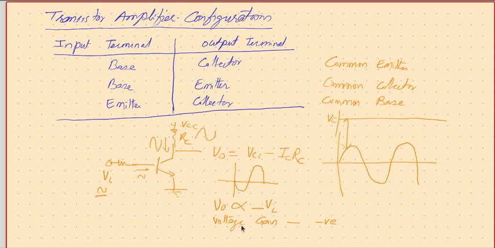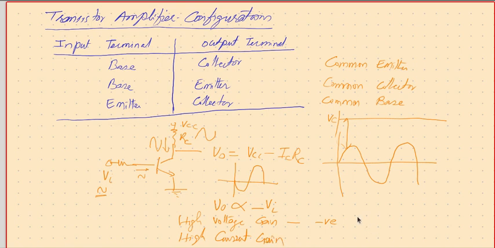So we have voltage gain, and what about current? Small current here produces large current at the output, therefore we get high current gain also.